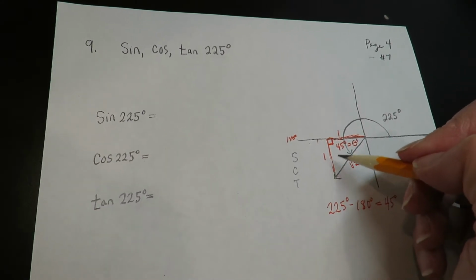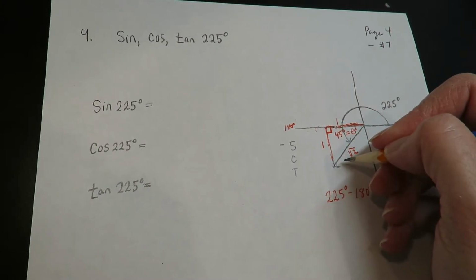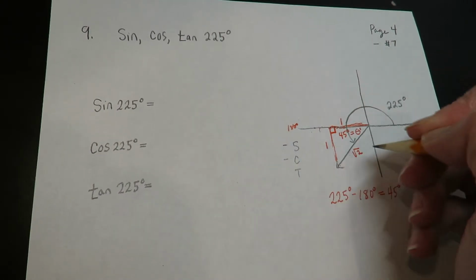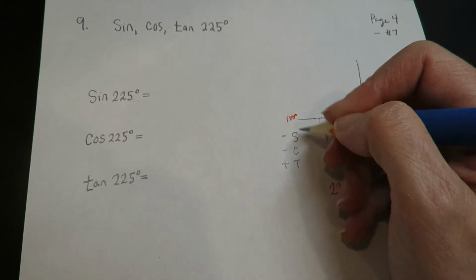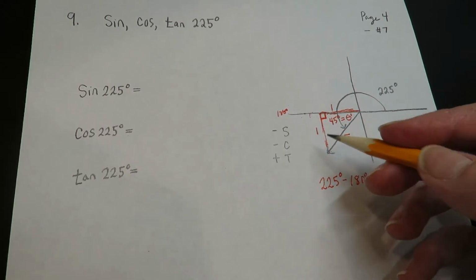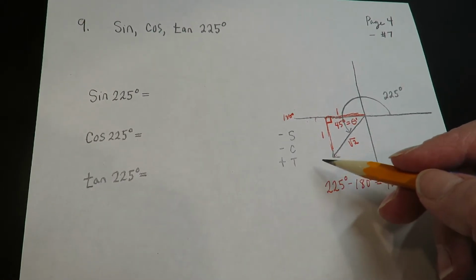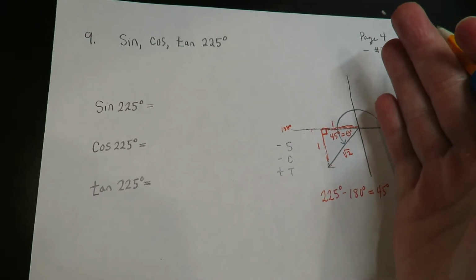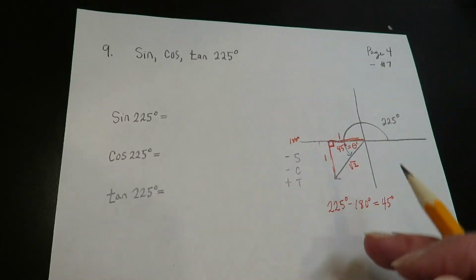So in quadrant 3, the sine is negative. In quadrant 3, the cosine is negative. And in quadrant 3, the tangent is positive because it's the ratio of those, right? Okay, so if you remember, the sine is like the y, the cosine is like the x, if that helps you figure out the plus or minus, right? X is negative on the left, positive on the right, y is positive up, negative down.